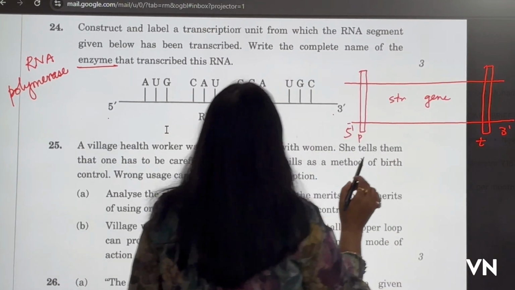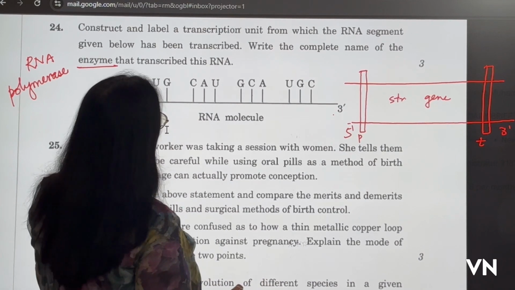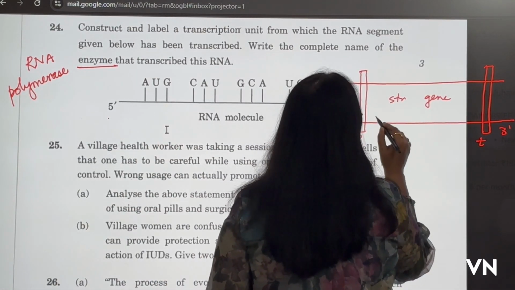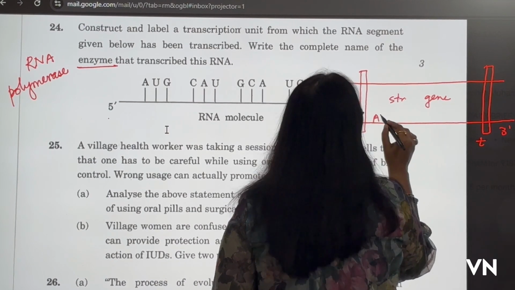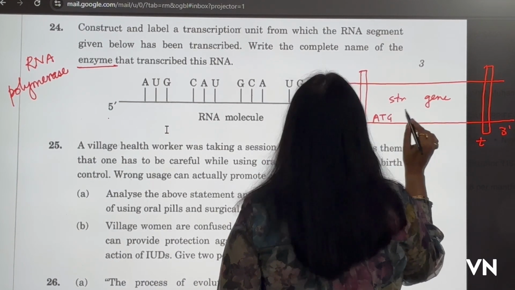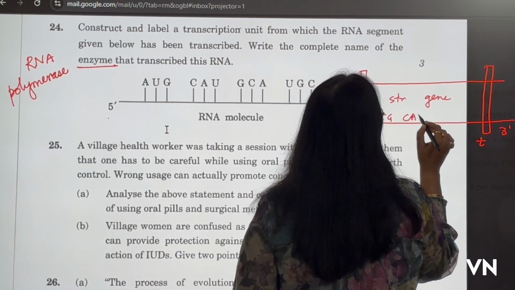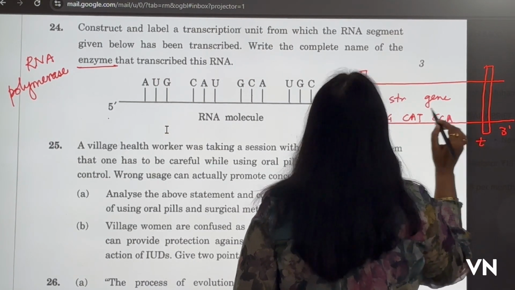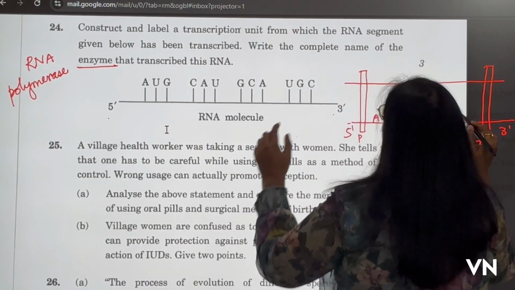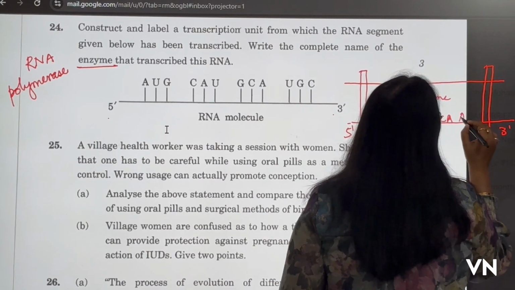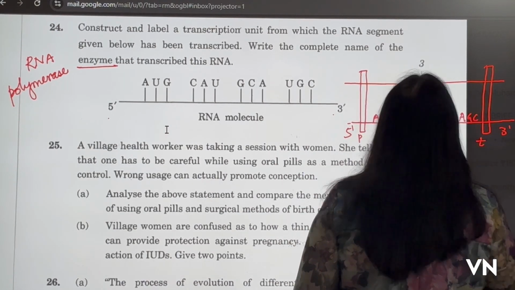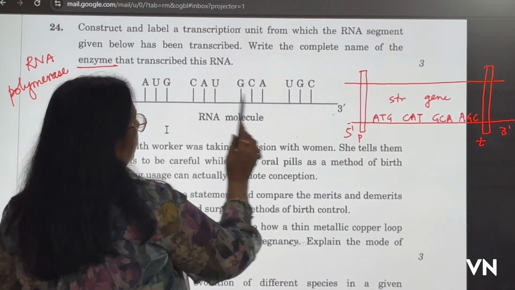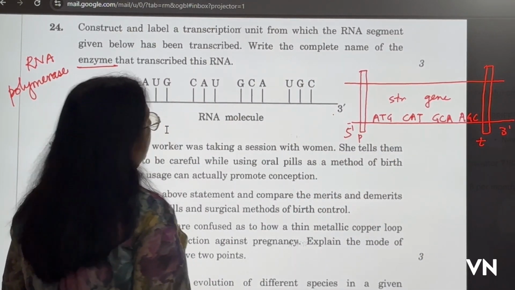So first we will write the bases which are given in the coding strand: A, T, G, C, A, T, G, C, A and A, G, C. Instead of U, I have written T everywhere.